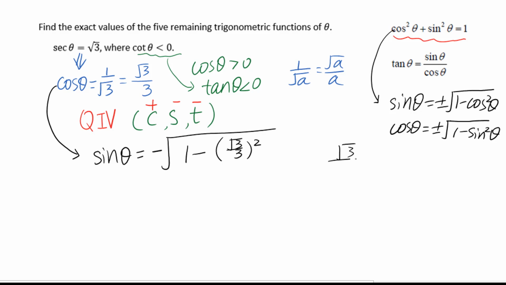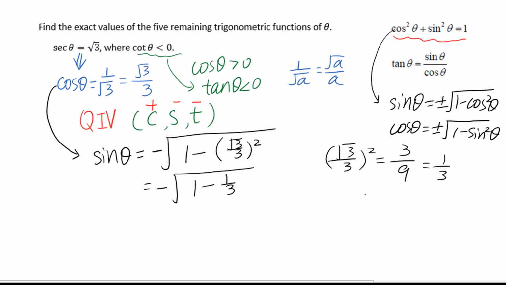Square root of 3 over 3 squared is 3 over 9, so you get 1 over 3. So we get negative square root of 1 minus 1 over 3. For 1 minus 1 over 3, this 1 we can count as 3 over 3, so that you will get 2 over 3. So we get square root of 2 over 3.